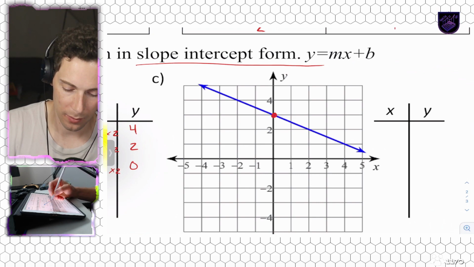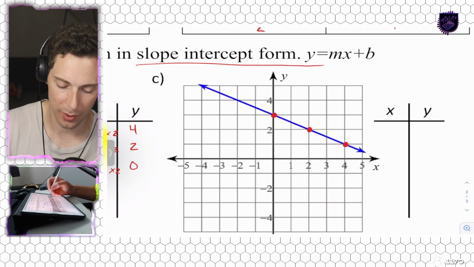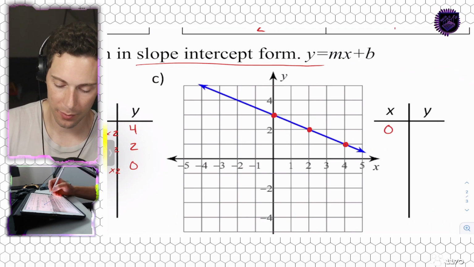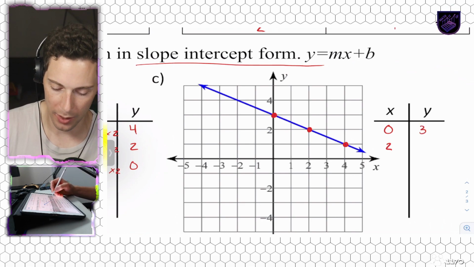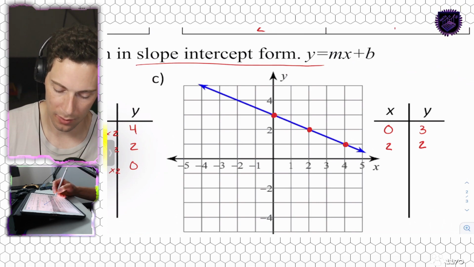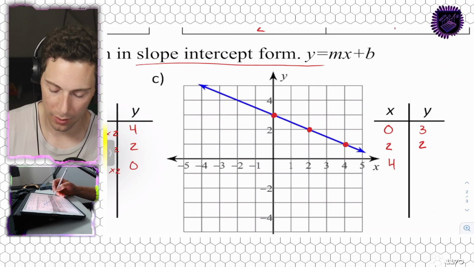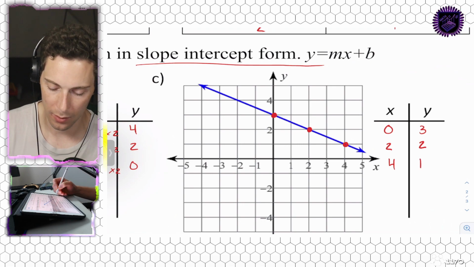There's 1, there's 2, there's 3 points that work out on this one. So where x is 0, y is 3, x is then 2, and y is 2. And then we have x is 4, and y is 1.